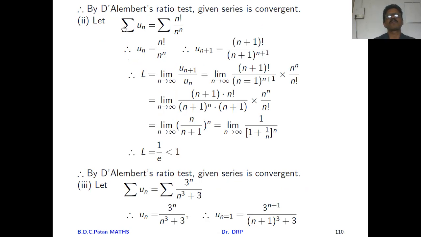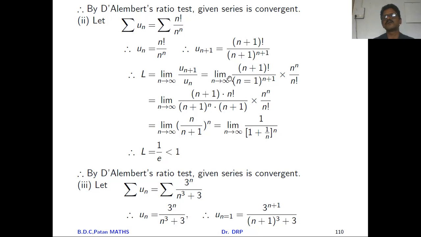Next, the second problem: summation n factorial upon n raised to n. We denote it as summation un. So un equals n factorial upon n raised to n. Then replace n by n plus 1, so un plus 1 takes the form (n plus 1) factorial divided by (n plus 1) raised to n plus 1. Then we determine the limit L, which is the limit of un plus 1 upon un as n tends to infinity.